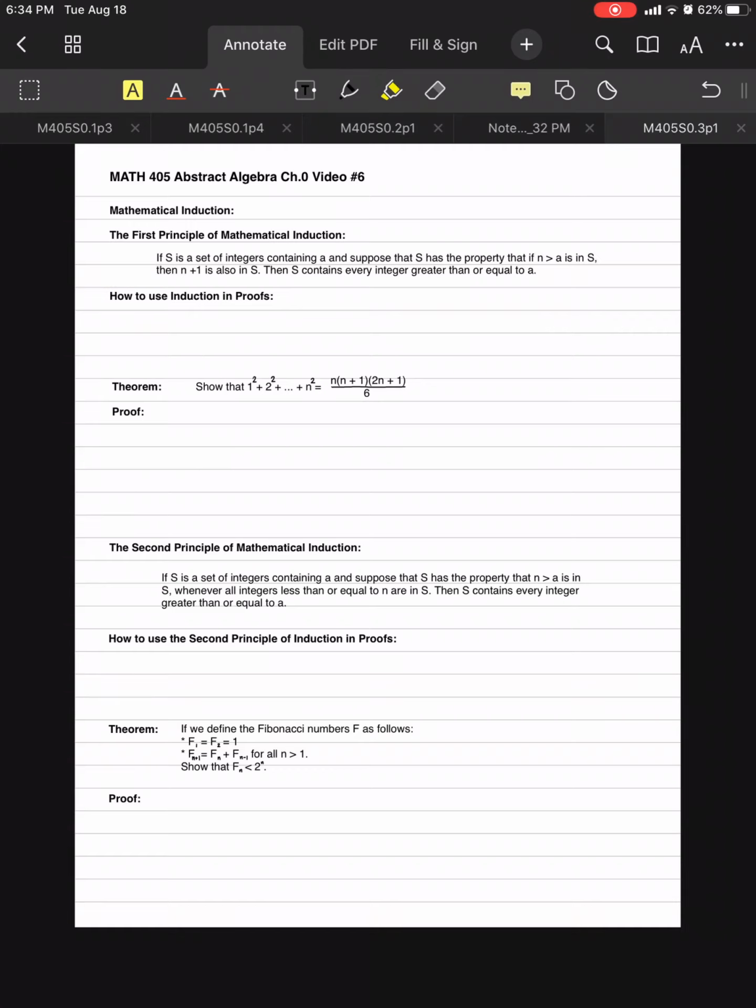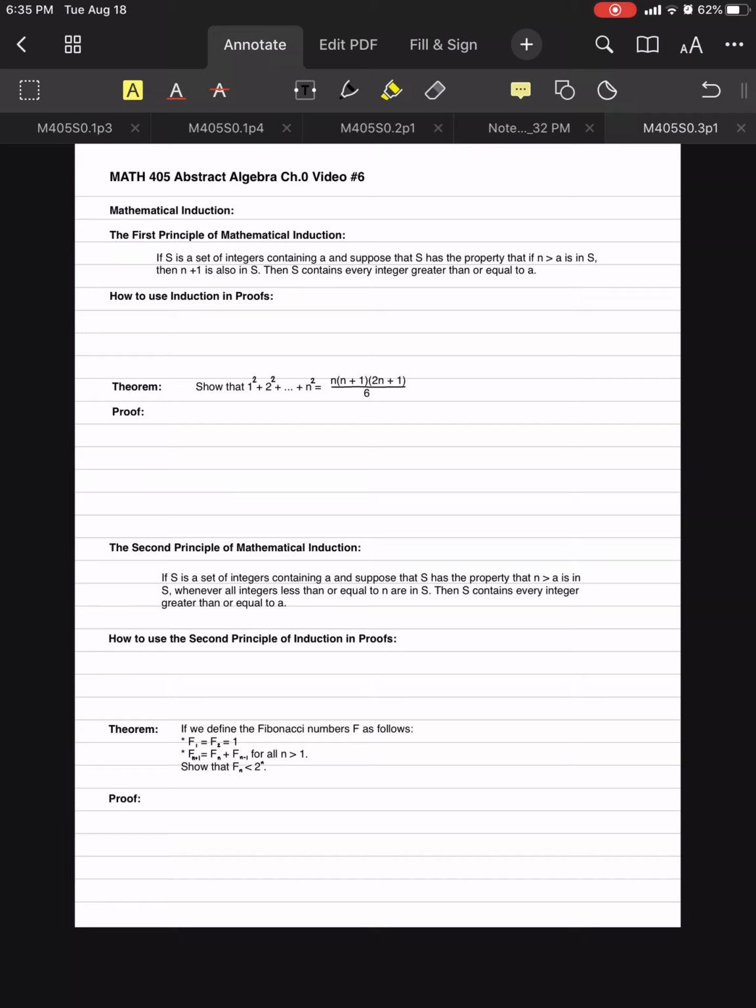We are starting our next section in abstract algebra, which is on mathematical induction. Again, all of you have had proofs, so this should be review. The book goes through the principle of mathematical induction, writes that out in terms of the math notation, but we'll also go over how you would actually go about using this principle in proofs.